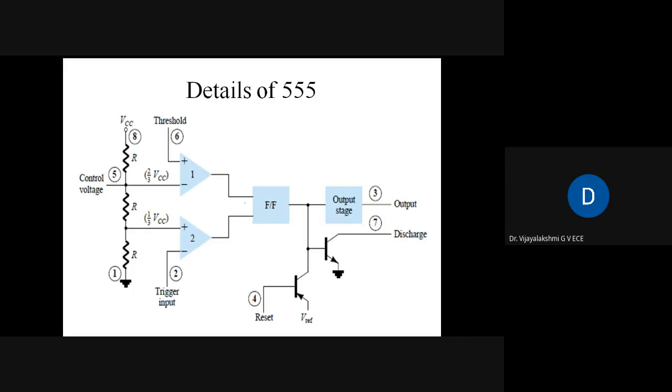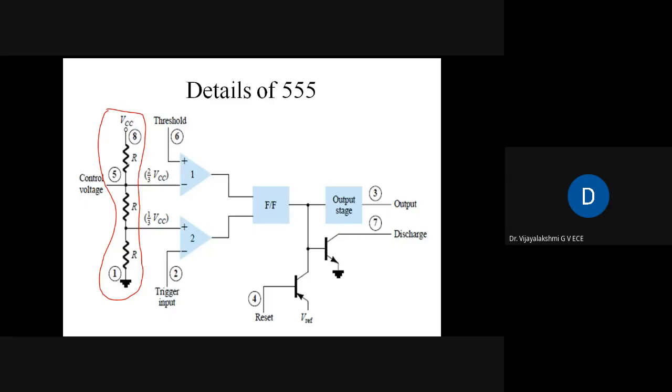Okay, so in general, I'll just tell you in brief what is available in the timer. Coming to the first part here, this is a voltage divider network. You can see here, to this network we have connected VCC, and that is to pin number 8.